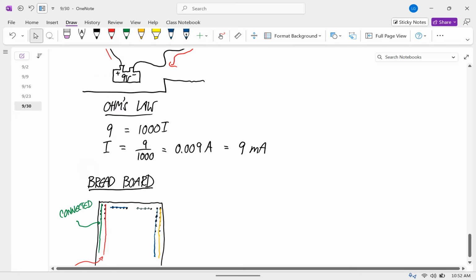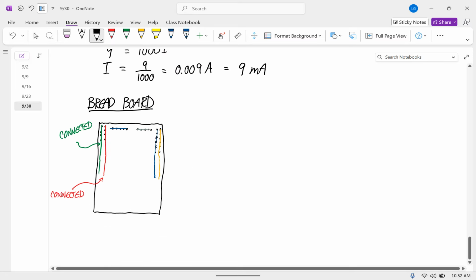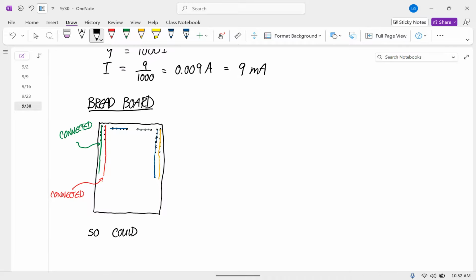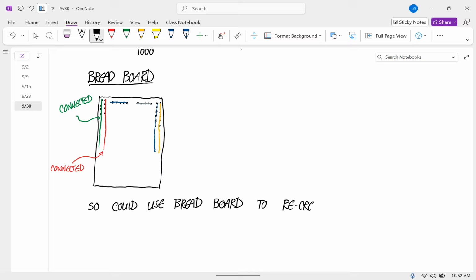if we used a breadboard to create this same circuit. So we could use a breadboard to recreate the circuit from the example.